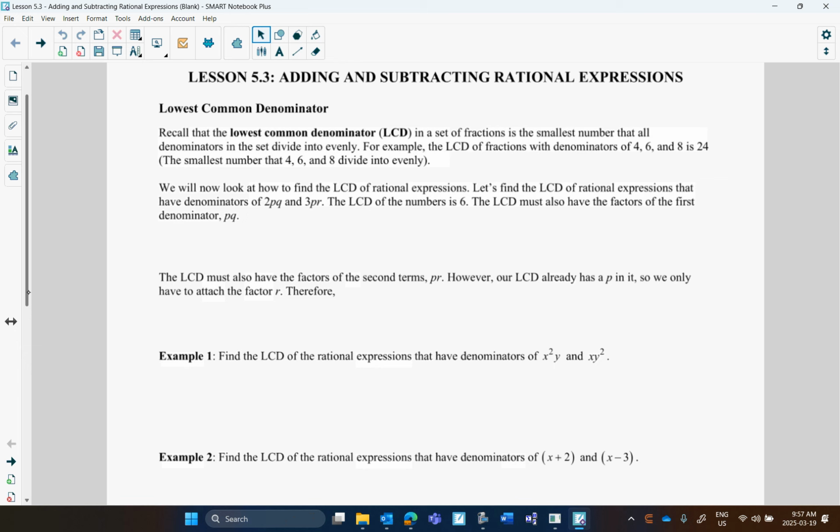So when we've got variables, let's say we're asked to find the lowest common denominator if we had 2 fractions and those were the denominators. Well, first of all, do the numbers. 2 and 3. What's the smallest number 2 and 3 go into? 6. Would you all agree that in order for this to go into whatever my LCD is, I need a PQ here?